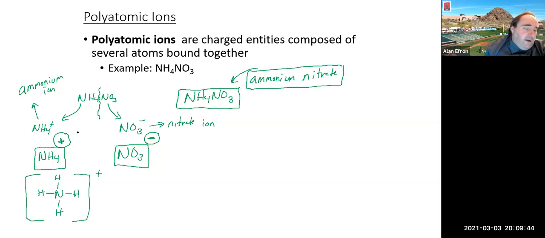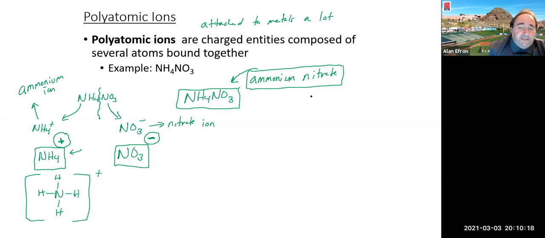Most polyatomic ions are negatively charged. This is one of the few positively charged polyatomic ions. Now, because most of the polyatomic ions are negatively charged, they find themselves attached to metals a lot. Because most of them are negatively charged, they attach themselves to these positively charged metals.